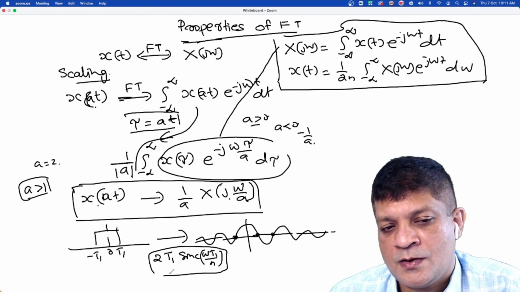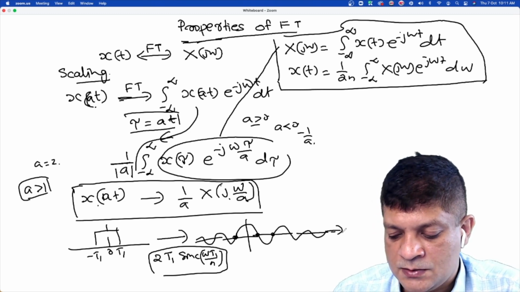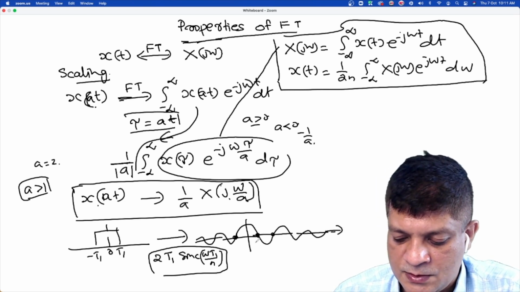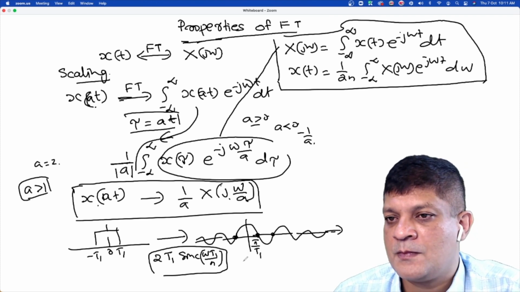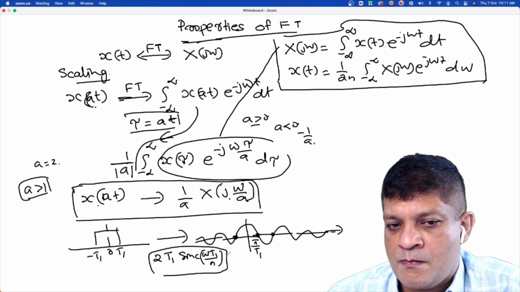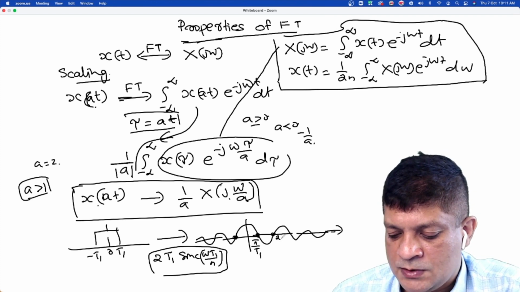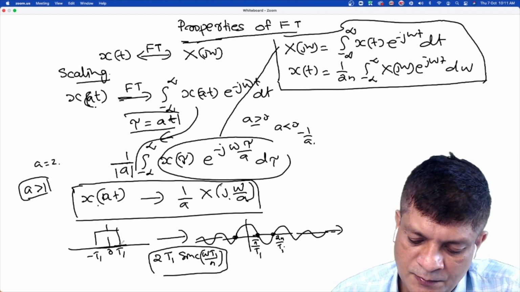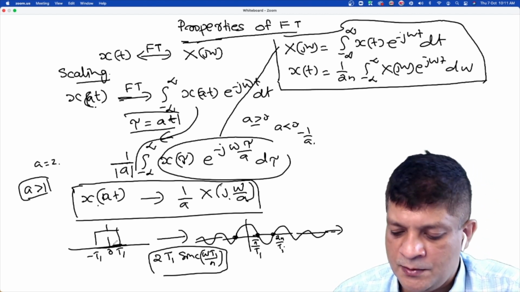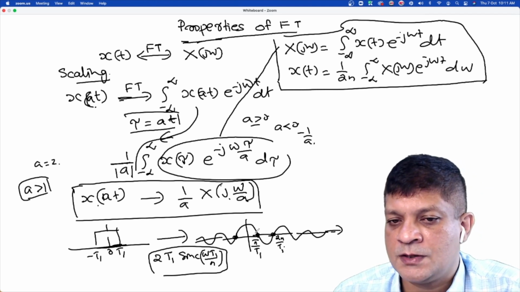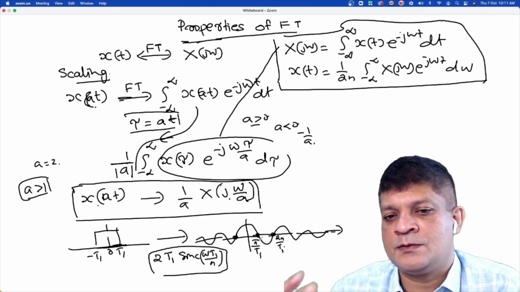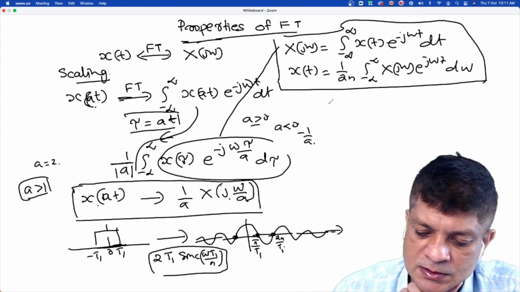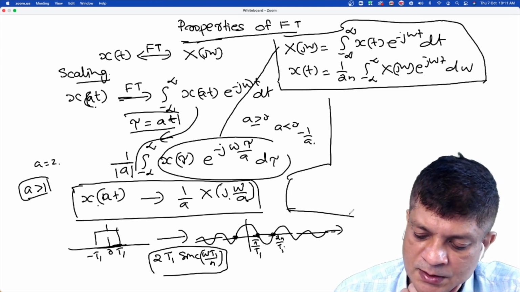For which values of omega would this be 0? The first zero crossing point is pi by t1, then 2 pi by t1, at integer multiples of pi by t1. So you can see that if we compress the pulse, if we reduce the value of t1, there is an inverse relation: in the frequency domain, there is an expansion. So that is the time scaling property.